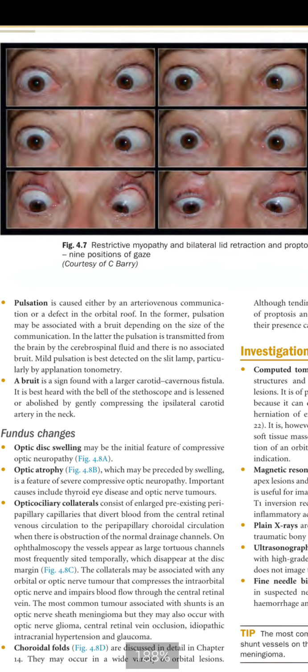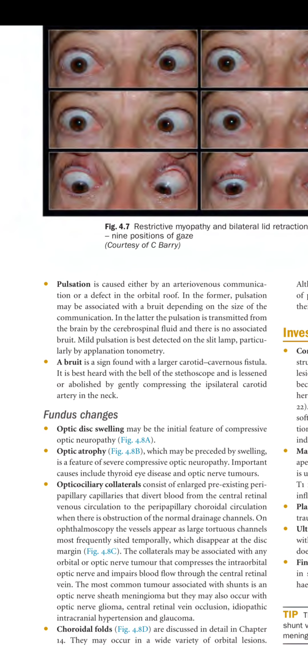Then there is pulsation. Pulsation is caused either by an arteriovenous communication or a defect in the orbital roof. In the former, the pulsation may be associated with a bruit depending on the size of the communication. In the latter, the pulsation is transmitted from the brain by the cerebrospinal fluid and there is no associated bruit.